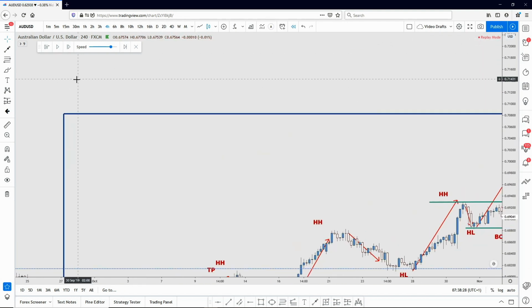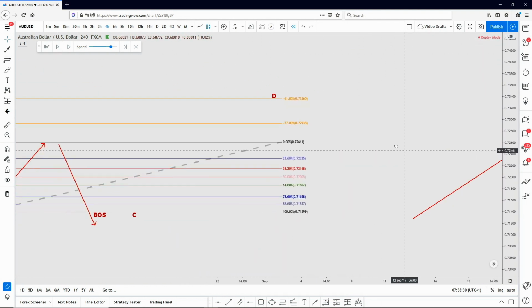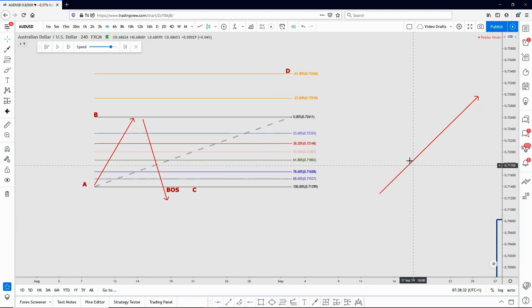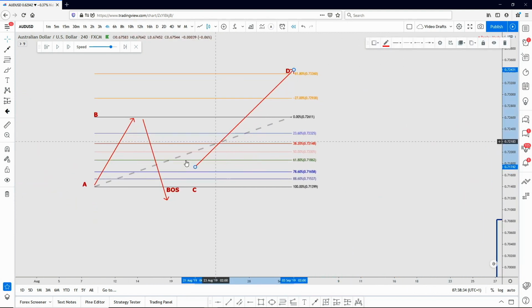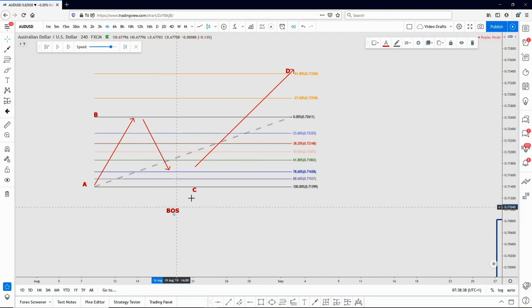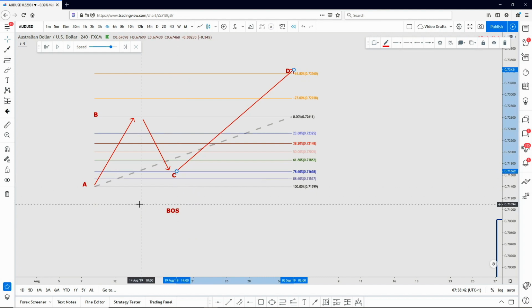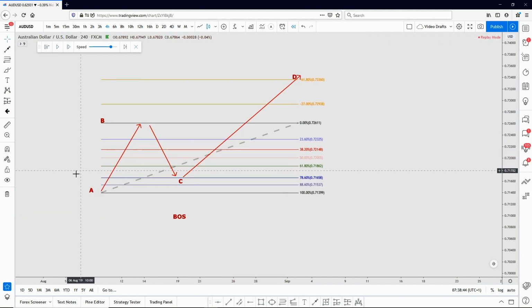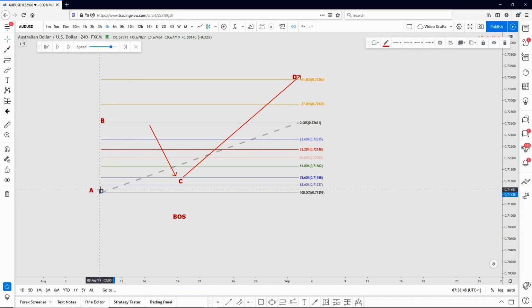So let me go back to this drawing up here. Okay, so if price retraces to point C, and we talked about it, so point A is the starting point, point B is where the impulse wave goes and stops, so that's the 0%.